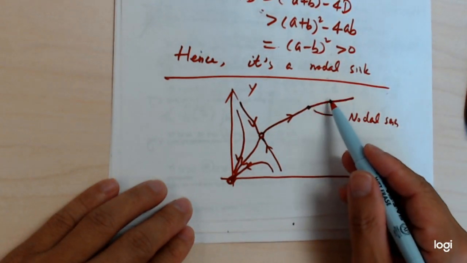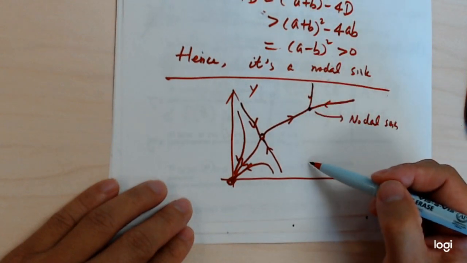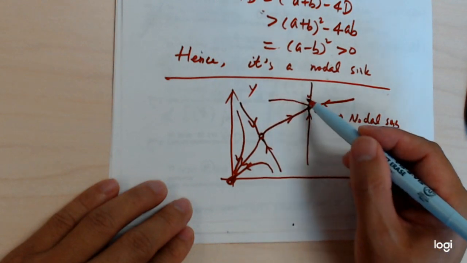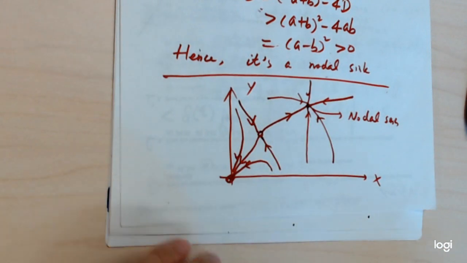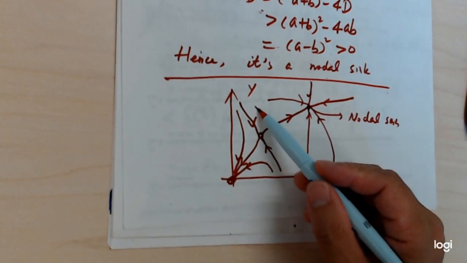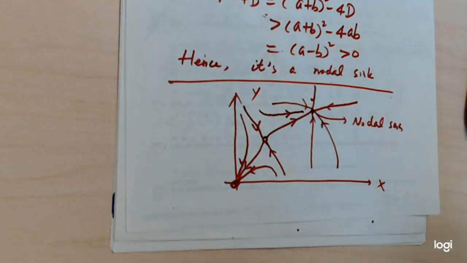There's another direction that goes in. So on this side, all the trajectories will move into this nodal sink. But this guy is a saddle.